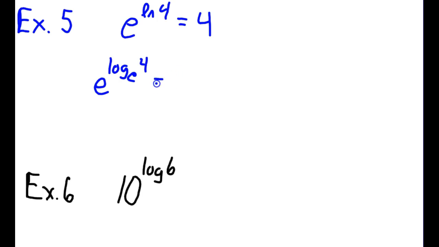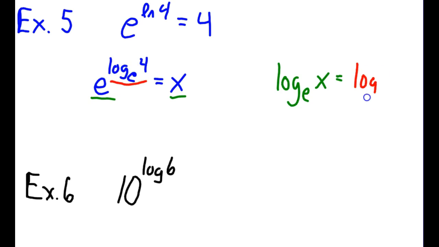If we set this equal to x, now if we took this exponential and rewrote it in logarithmic form, this value would be equal to log base e of x, and then we would set that equal to this value we have here, which is log base e of 4.